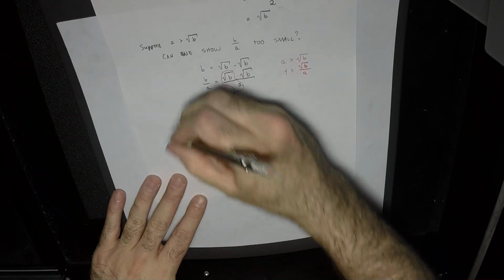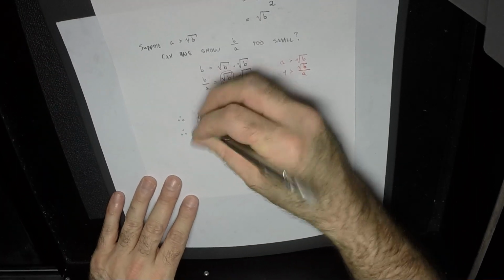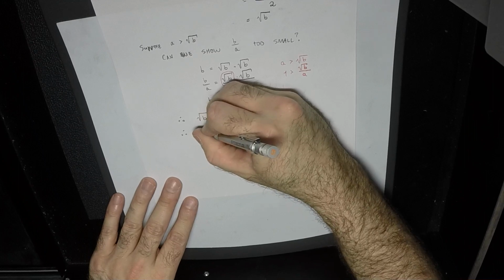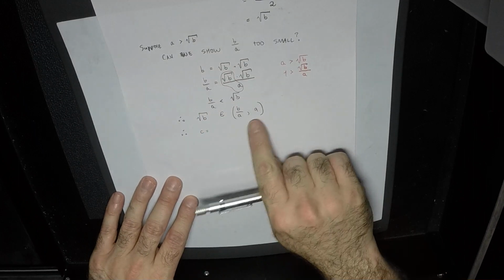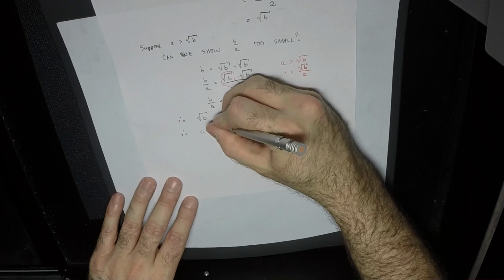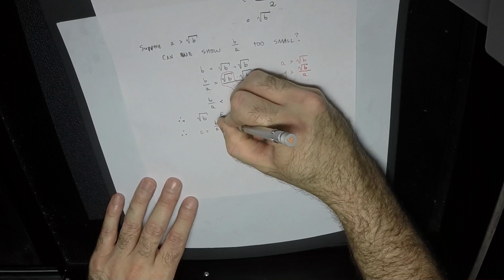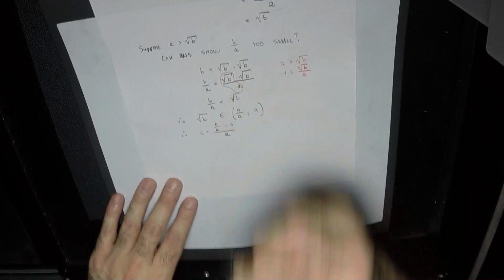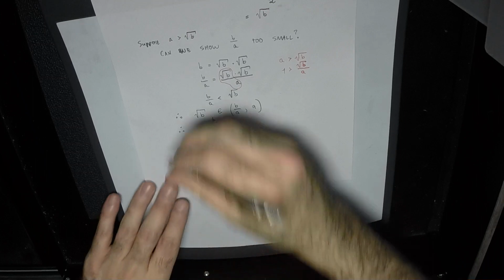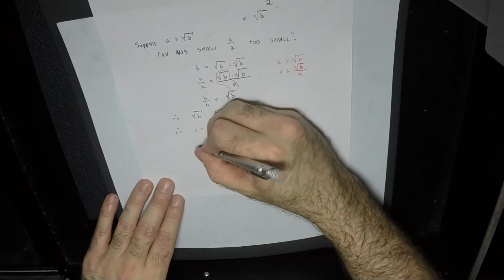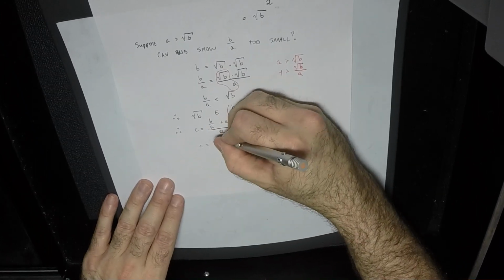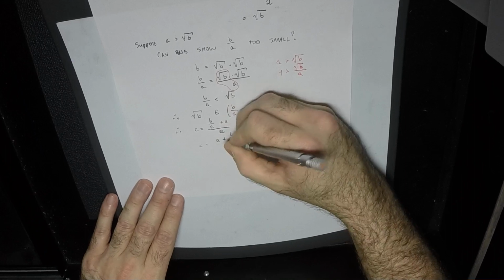So again, we could use the midpoint. Therefore, C equal to, you could write it B over A plus A over 2, like that. But I'll commute the numerator so it's the same as the formula in all three cases.